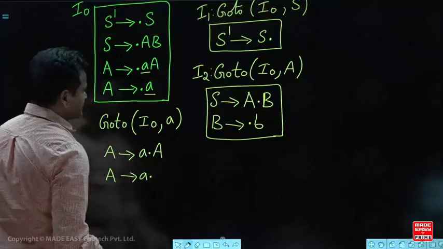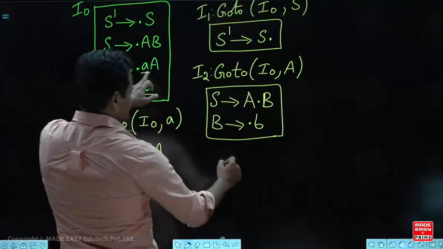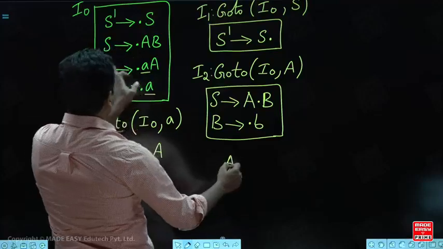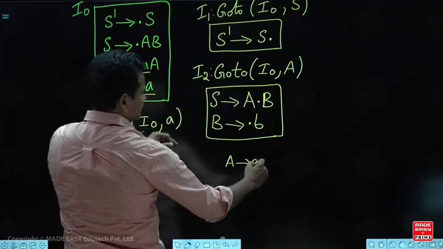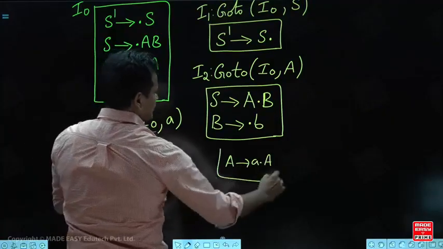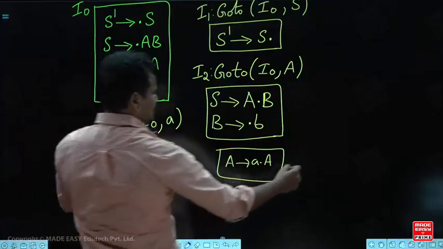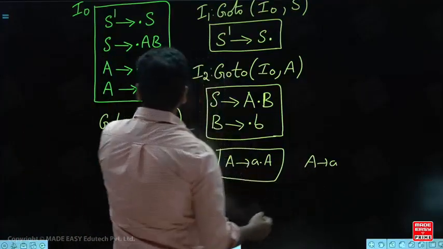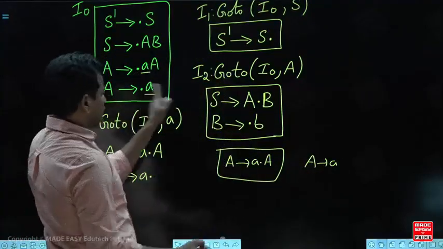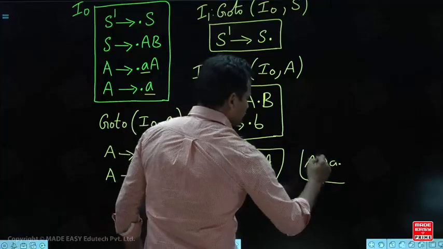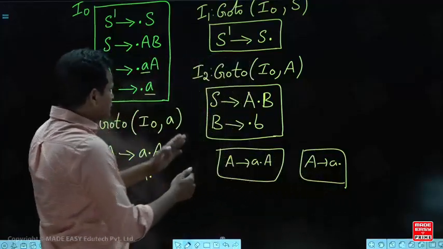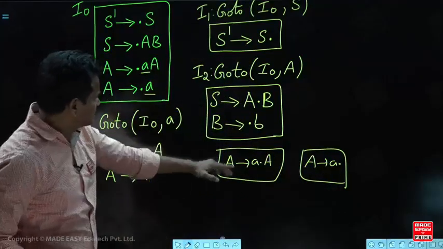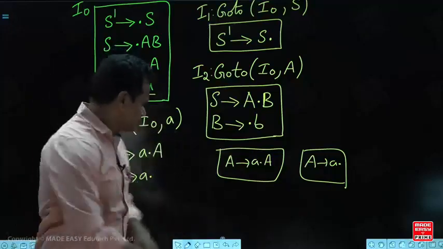Now what I mean to say is, this is A, so for this if I shift the dot, this one, and for this if I shift the dot, this one, move the dot, this one. So you should not write this to one state, this to another state. You should not do like this.